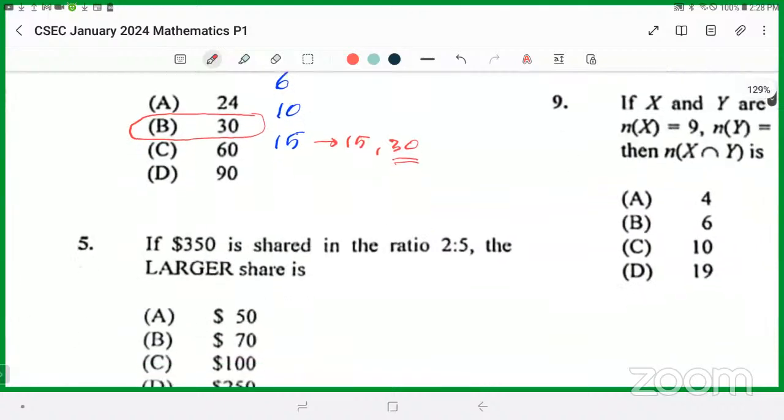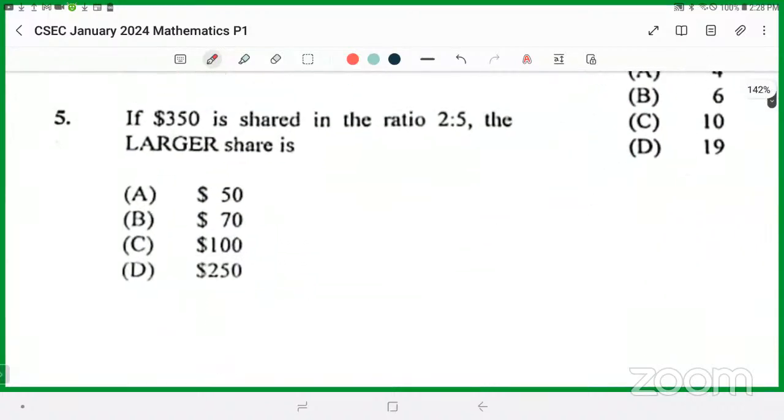Moving right along. It says $350 is shared in the ratio 2 to 5. So the $350 is broken up into 7 parts, 2 parts and 5 parts, 7 parts. And it says the larger share is 5 out of the 7 parts multiplied by 350.